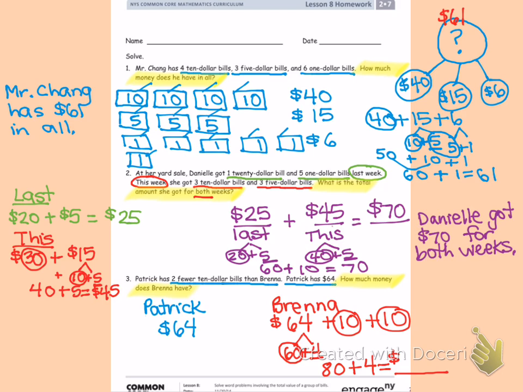The answer to that is the amount of money that Brenna has. So how much money does Brenna have? Brenna has blank dollars. All right, fill in the blanks and you'll be done.